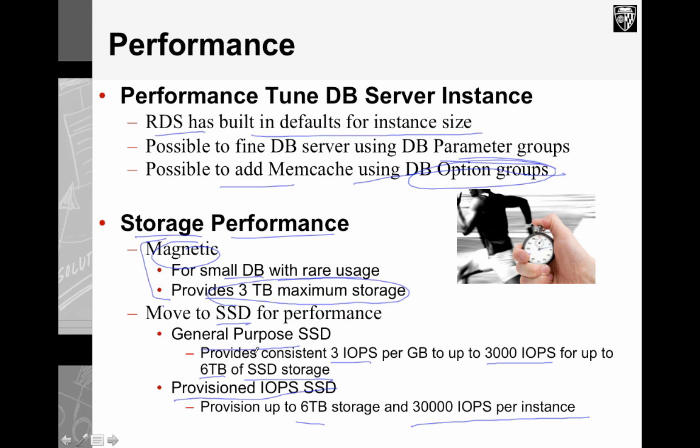So the difference between the general purpose and the provisioned IOPS is the IOPS level. Here you get a much better IO performance in your storage. So that's how you performance tune your AWS RDS MySQL instance.